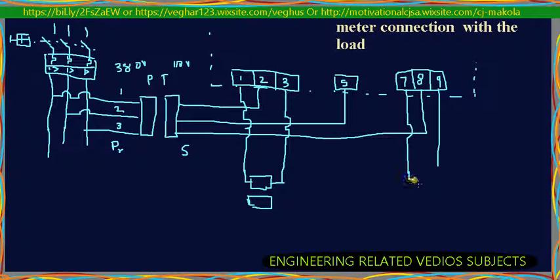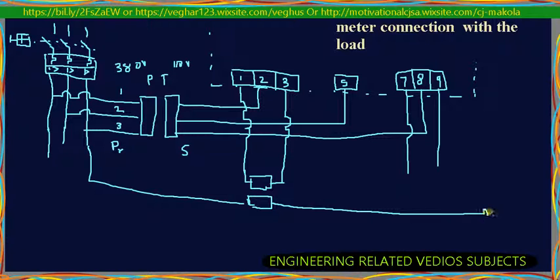It's a transformer, but it steps down the current to a measurable value. These are the devices we use if the current is too high, so that we are able to measure the CT current.